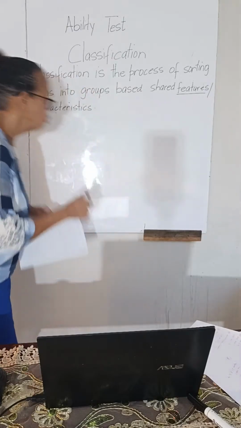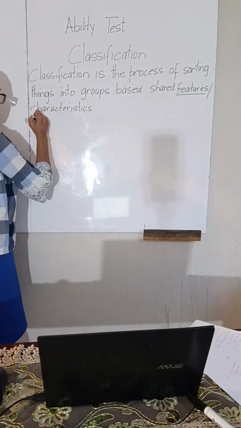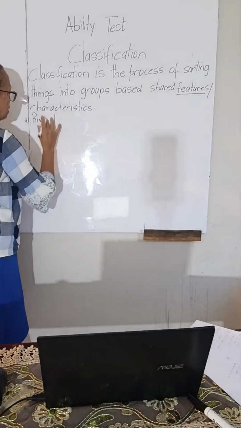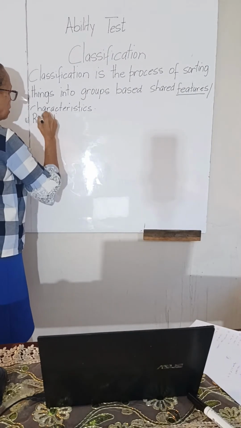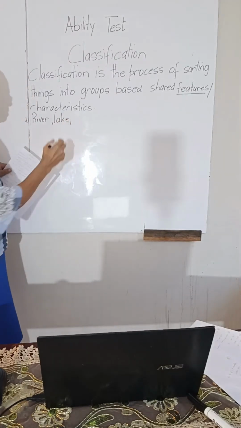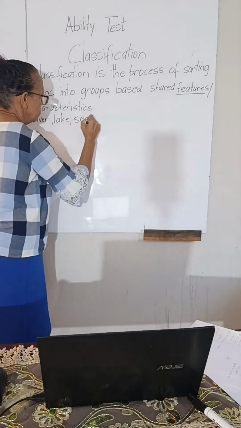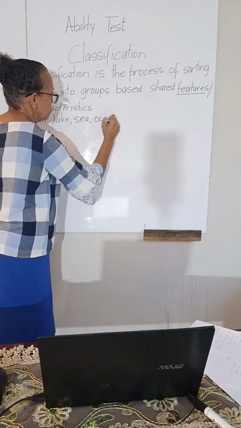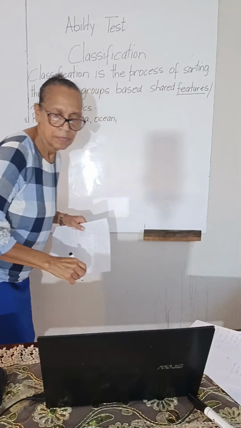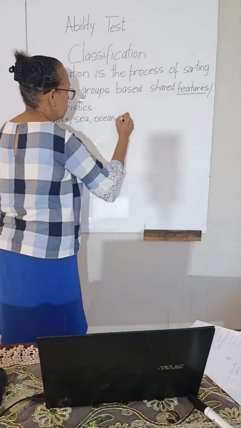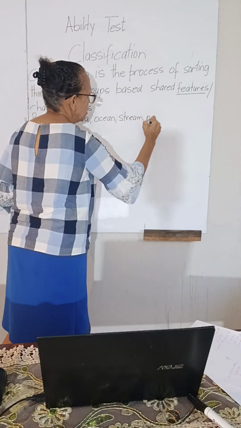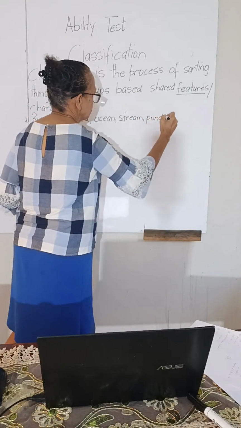River, lake, sea, ocean, stream, pond. What would you classify these?